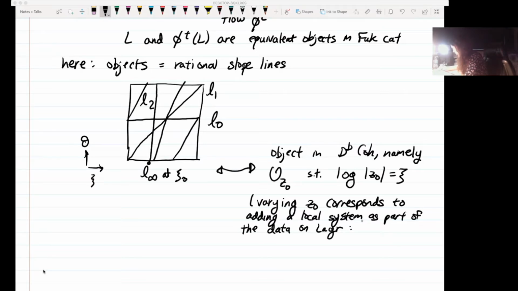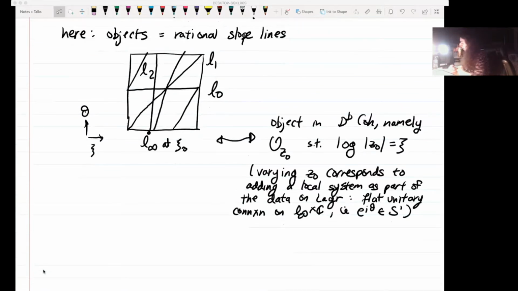So in other words, a flat unitary connection on the trivial line bundle on the Lagrangian, which here is just going to be a number. If you look at the holonomy of that flat connection, that gives us S^1's worth of Lagrangians and local systems corresponding to the S^1's worth of choices of z0 with that absolute value.